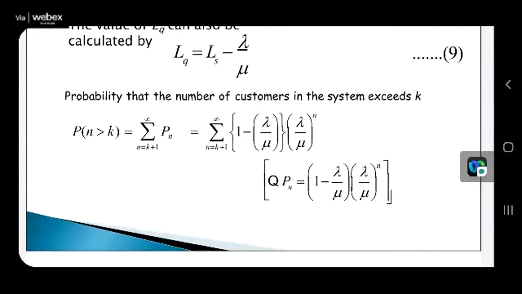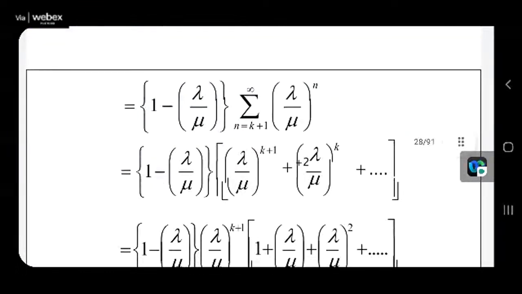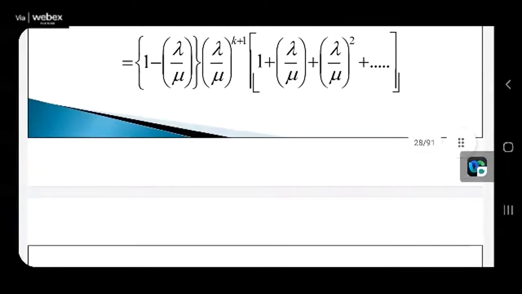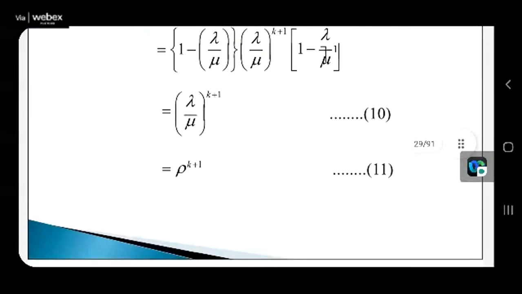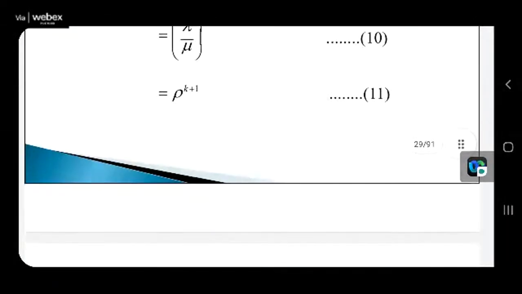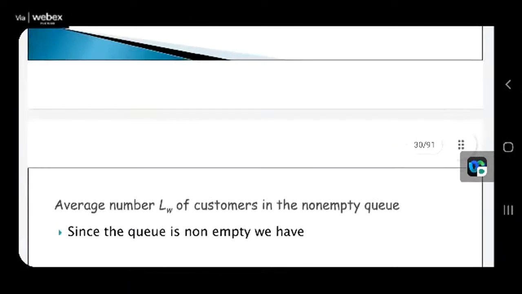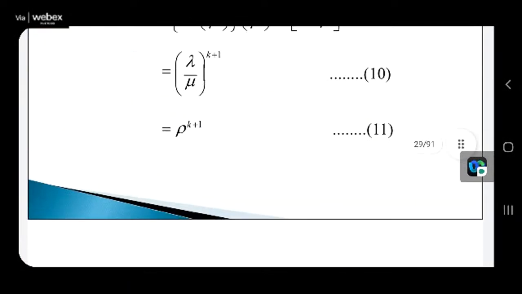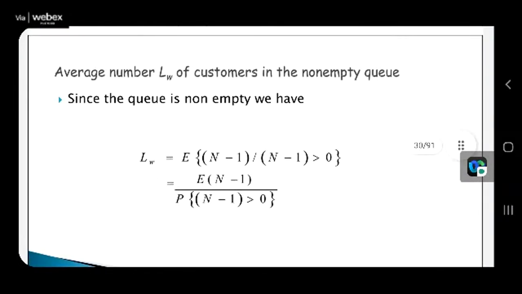If you solve the same equation, you are taking the summation, you expand it with the binomial expansion, and you will get rho to the power k plus 1, where rho is nothing but traffic utilization or capacity utilization.